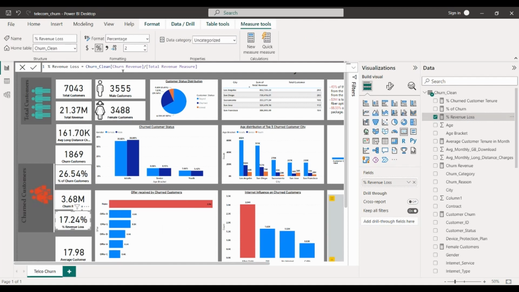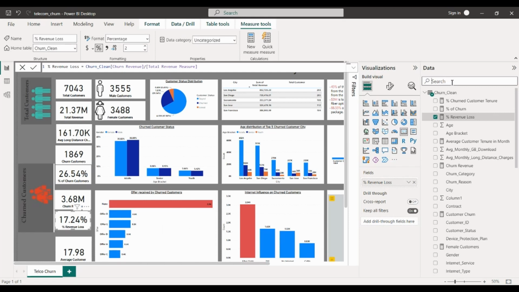Okay, so revenue loss is basically calculated from churn revenue, which I told you about before. Calculate the churn revenue with the help of the sum function and the total revenue measure. Total revenue is the sum of all revenue, and churn revenue is the revenue of all churn customers. The total revenue measure is the revenue of all 7,043 customers.